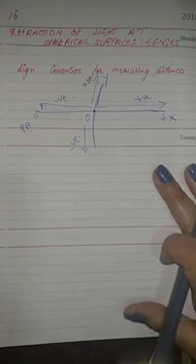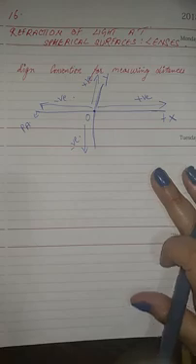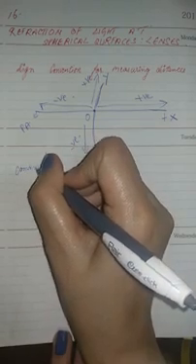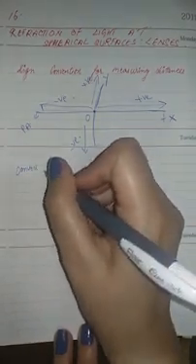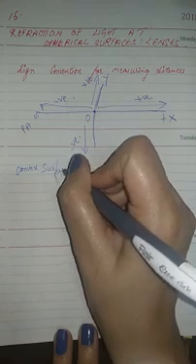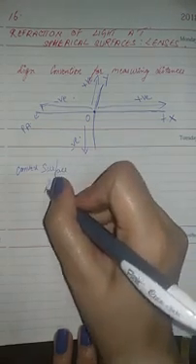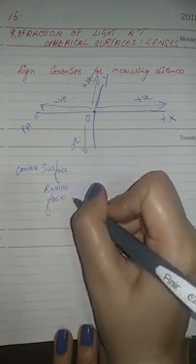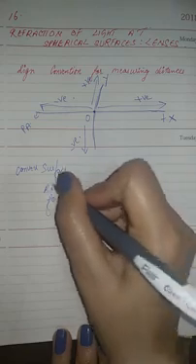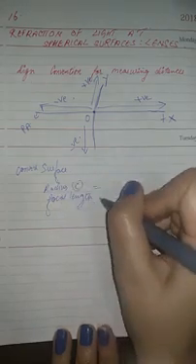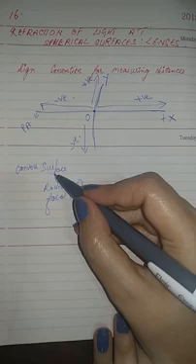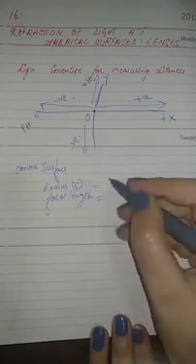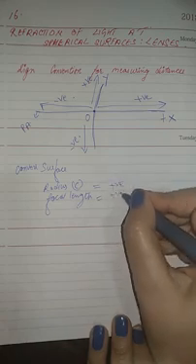And according to sign convention, the radius of curvature, there are two things for a convex mirror or lens, for a convex surface: the first one is radius of curvature and the other one is focal length. For a convex surface, radius of curvature and focal length are taken as positive.